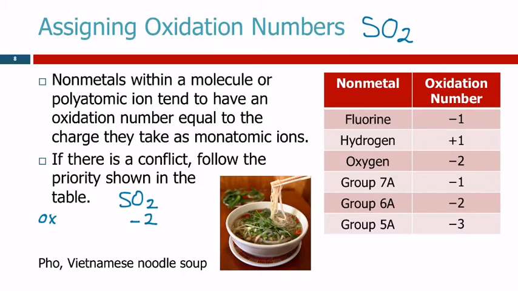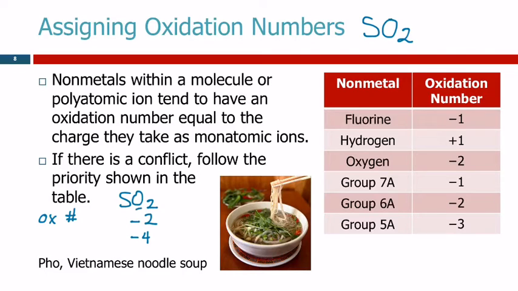Right under the element, we write its oxidation number, and below that we show the total contribution. We've got 2 oxygens, and they are each -2, so there's a total of -4 in the oxidation numbers there.